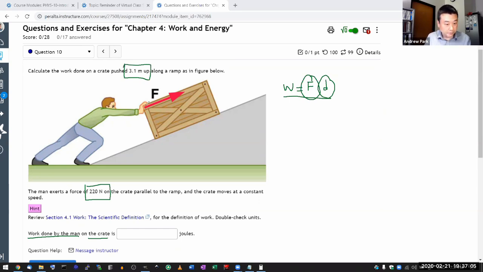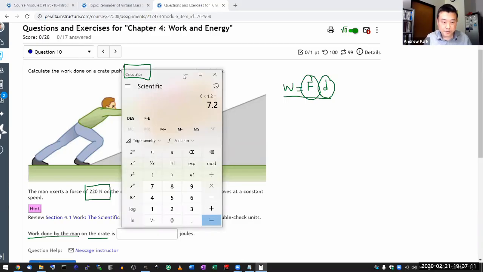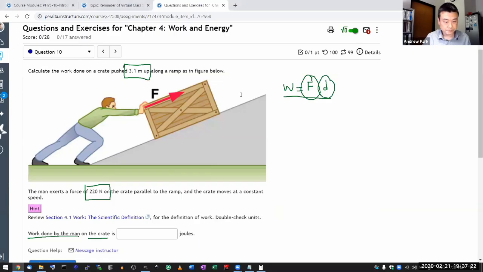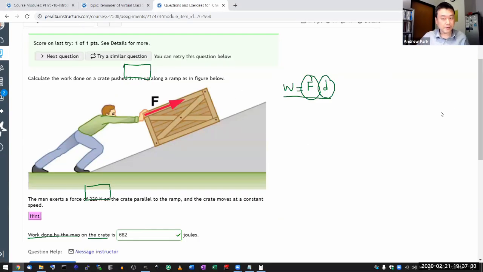So, all right, let's multiply. That seems like I'm all set. So let me do force times distance. Let's see what we get. 220 times the distance, 3.1, is equal to 682. So 682 joules. I get, okay, that's correct.